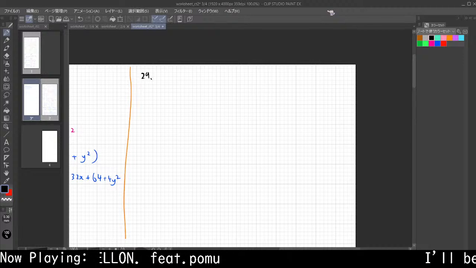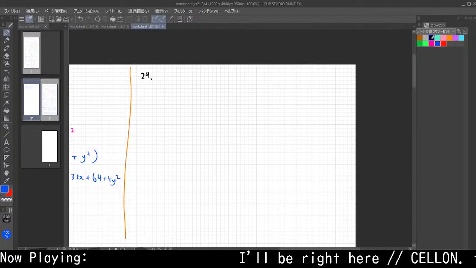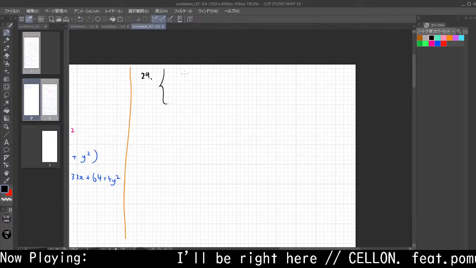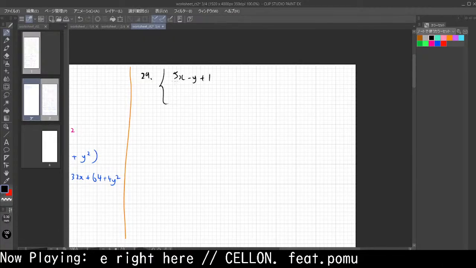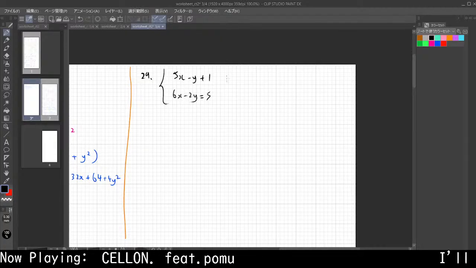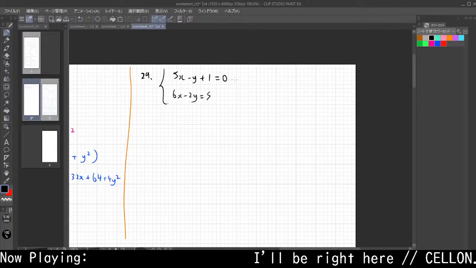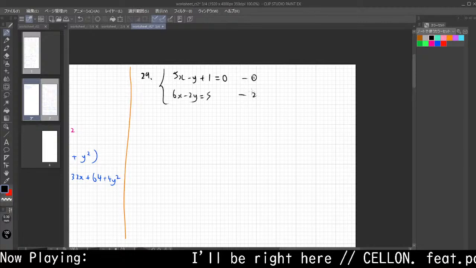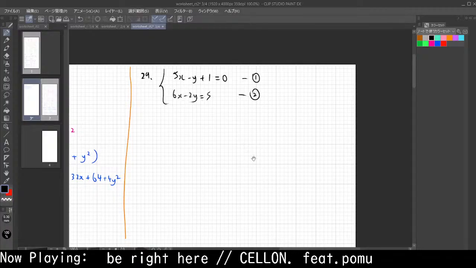Given 2 lines that intersect at point Q, find the coordinates of Q. So the idea is you just basically do simultaneous. If they intersect at a single point, the answers that you get given 2 lines, it's supposed to be equal to 0.